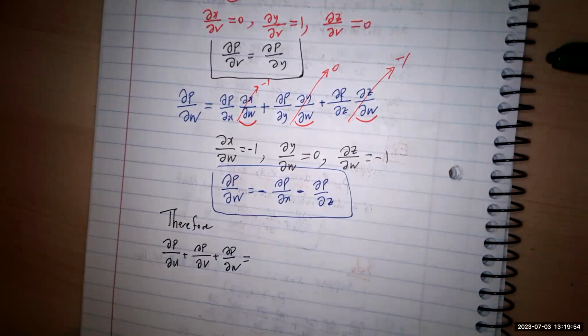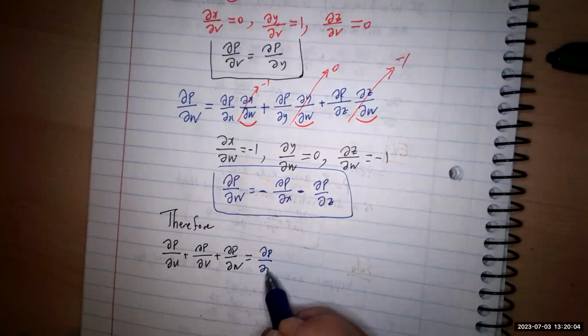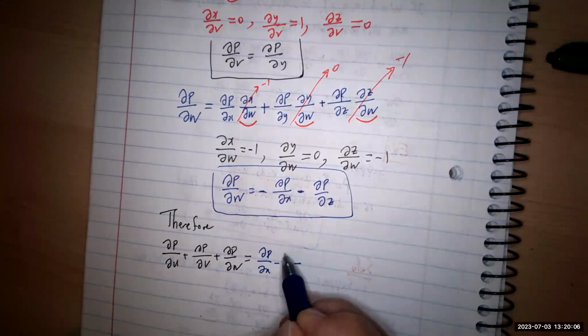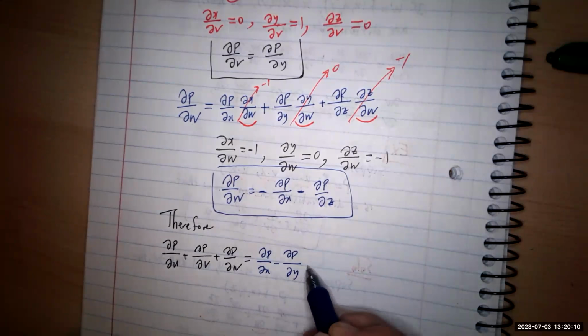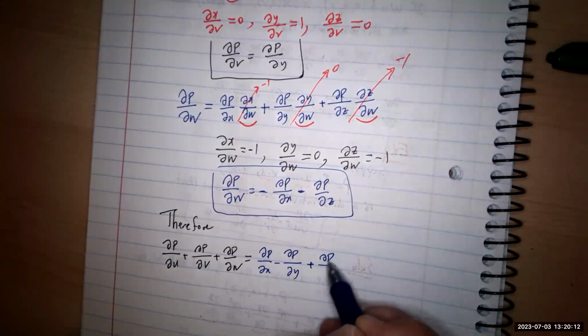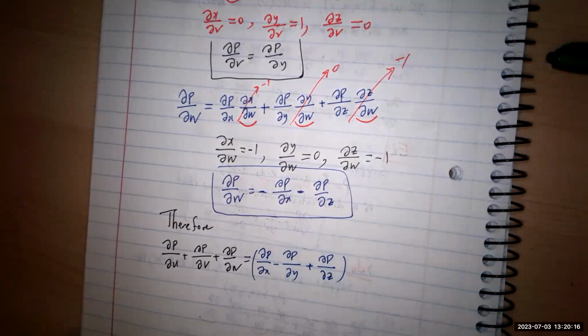So if you go back and check for the first part, this is what we have for the first part: ∂P/∂X, minus ∂P/∂Y, and ∂P/∂Z.